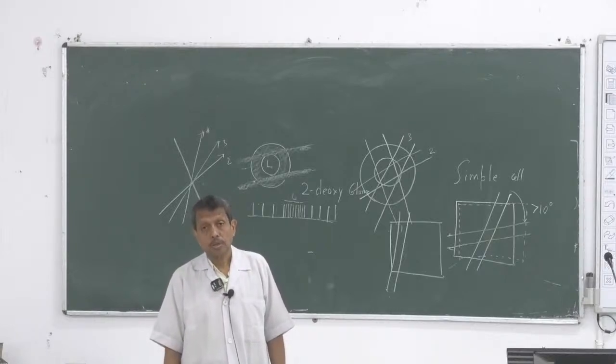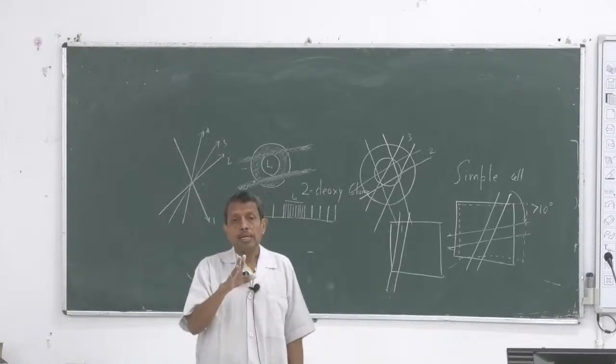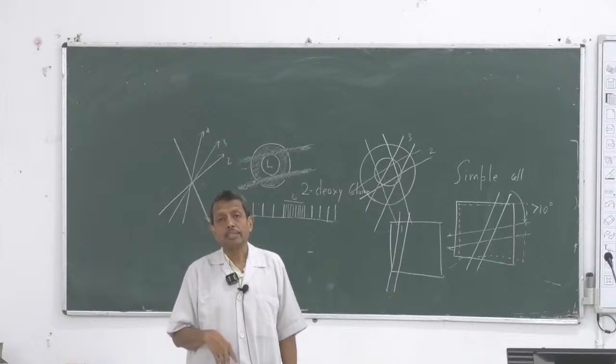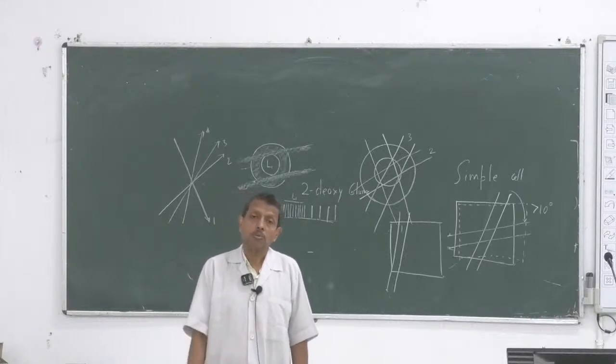In this way, orientation columns can be seen. There are the arrays. A great part of the visual cortex, the primary visual cortex, can be labeled by this radioactive compound.